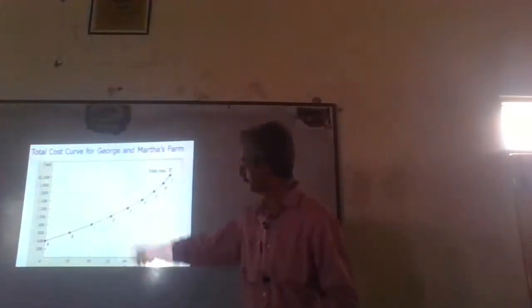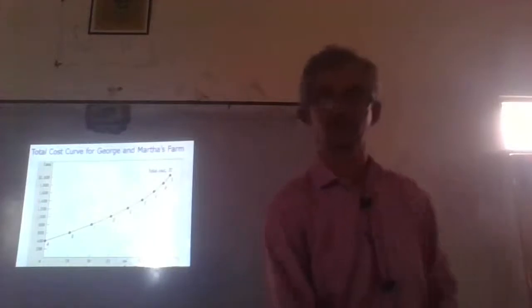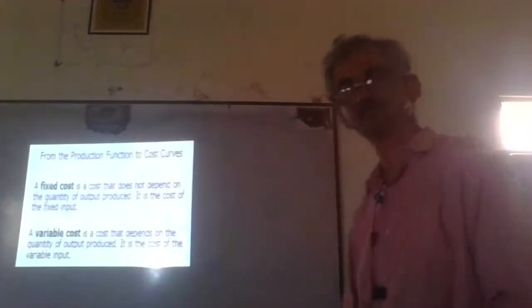The more bushels you produce, the more the total cost is increasing, but output is rising by less. Cost is increasing, but output is increasing at a decreasing rate.